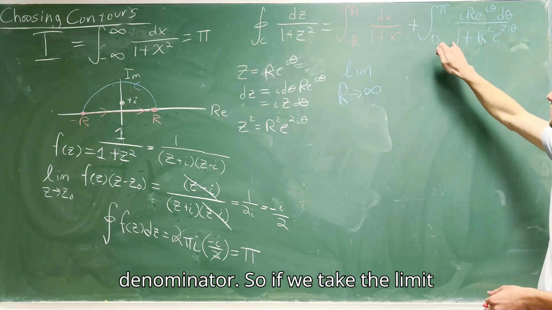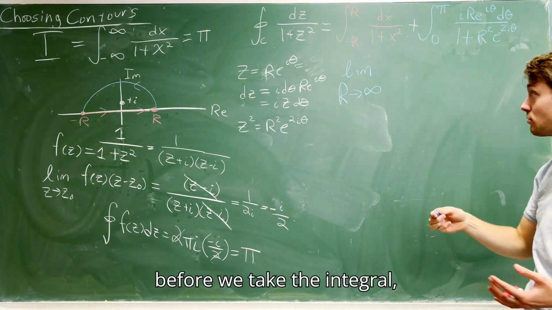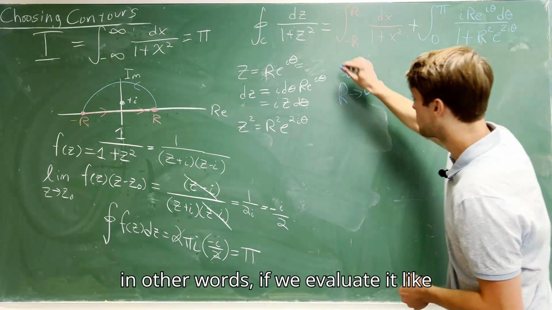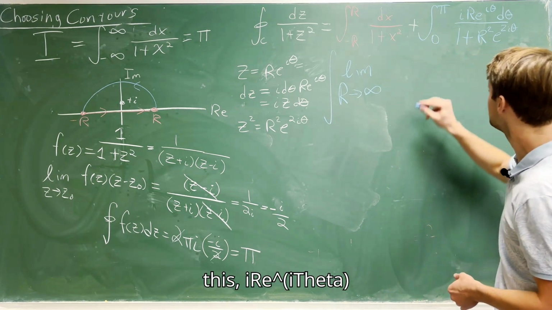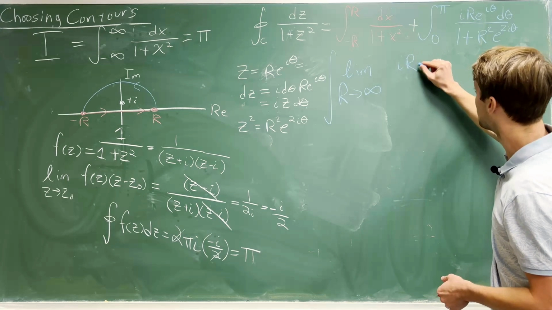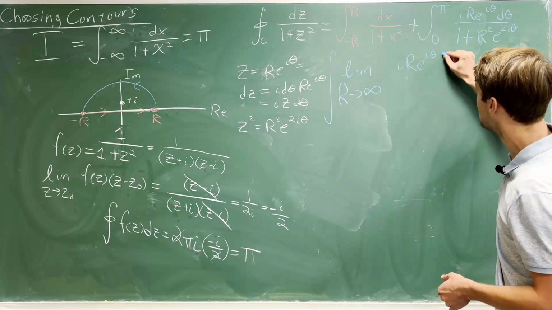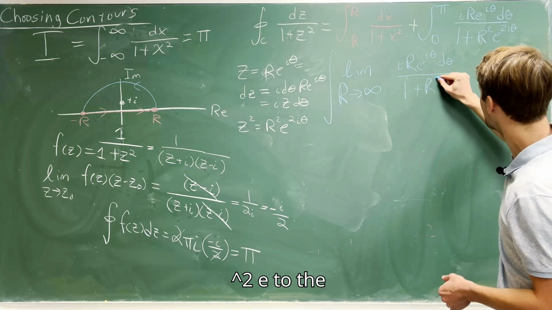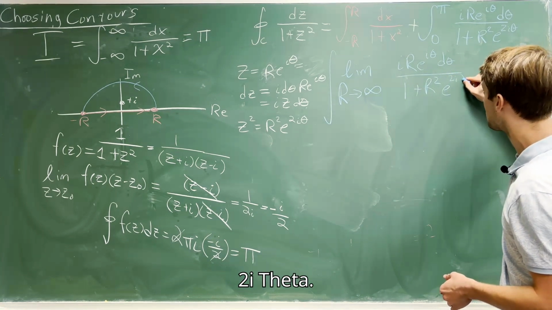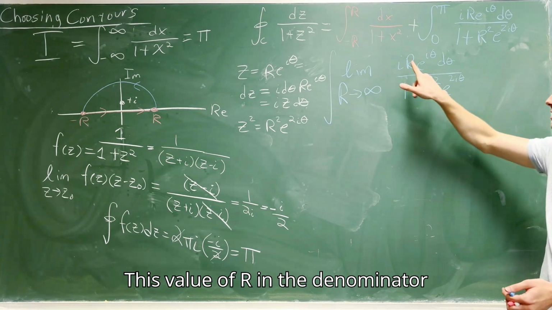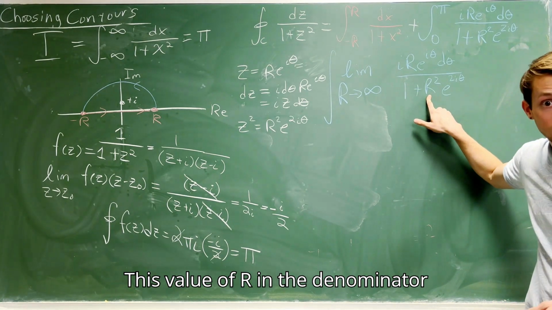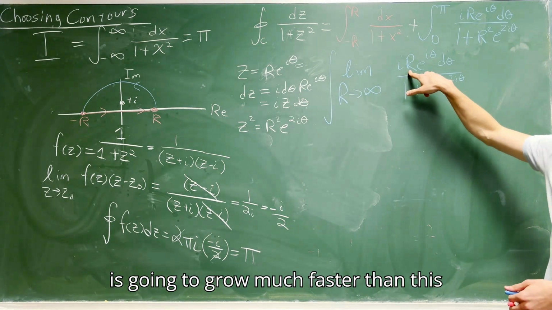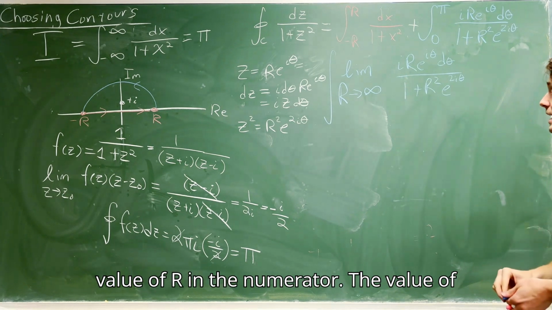So if we take the limit before we take the integral, in other words, if we evaluate it like this, i r e^(i theta) d theta over 1 plus r squared e^(2i theta), this value of r in the denominator is going to grow much faster than this value of r in the numerator.